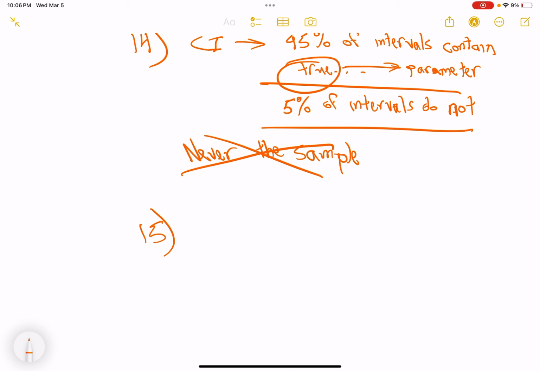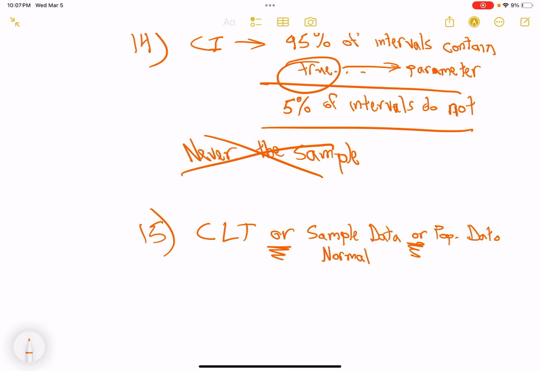All right. Central limit theorem. I really want to go over this really quickly. The central limit theorem, and the key here is sample data normal, or population data normal.